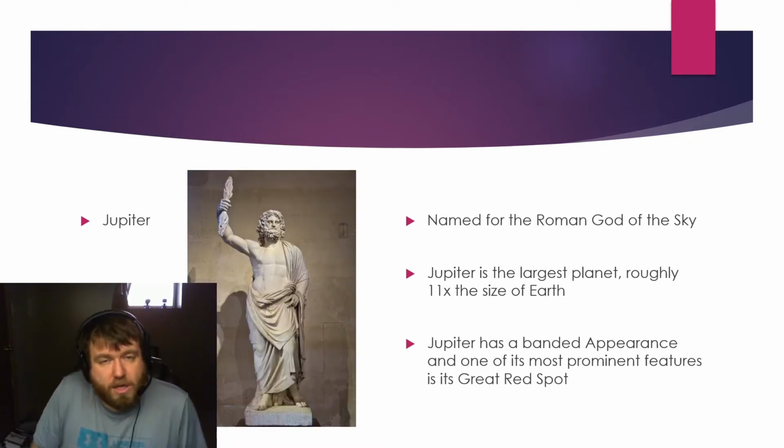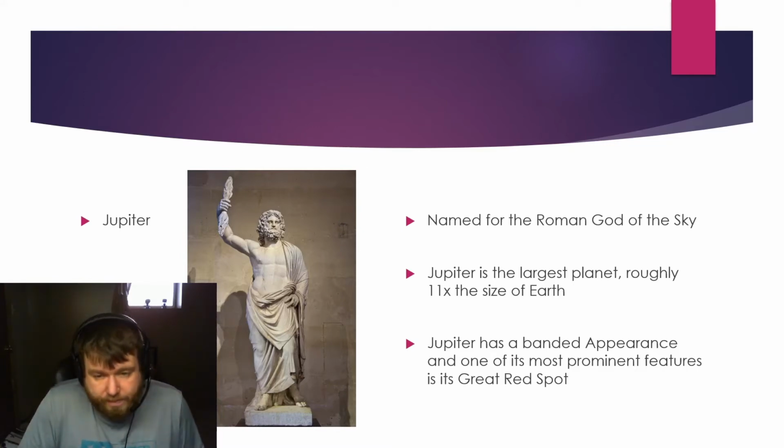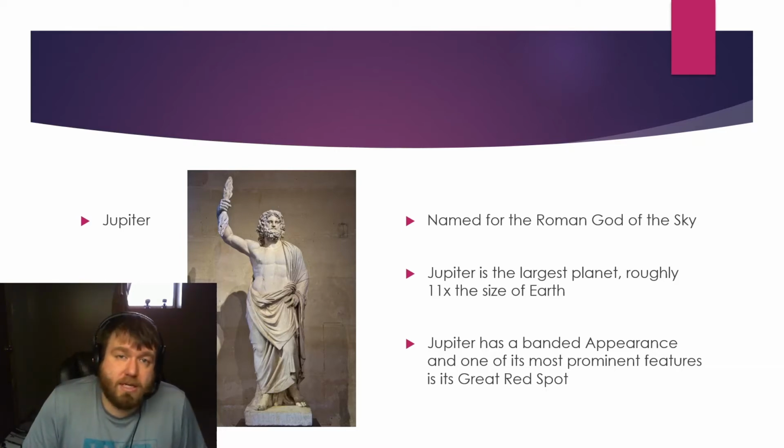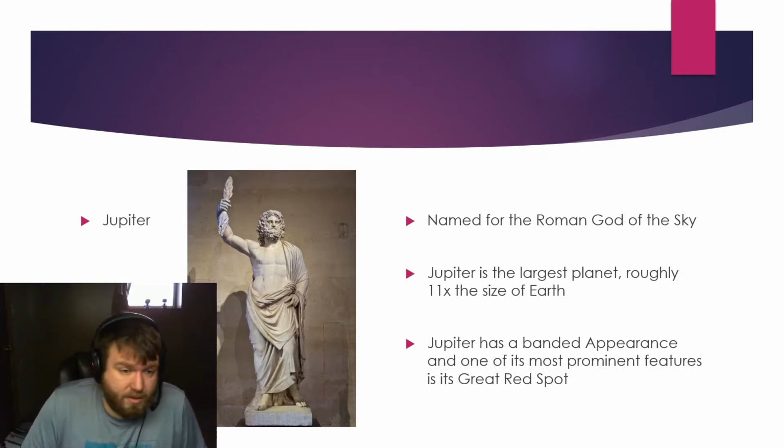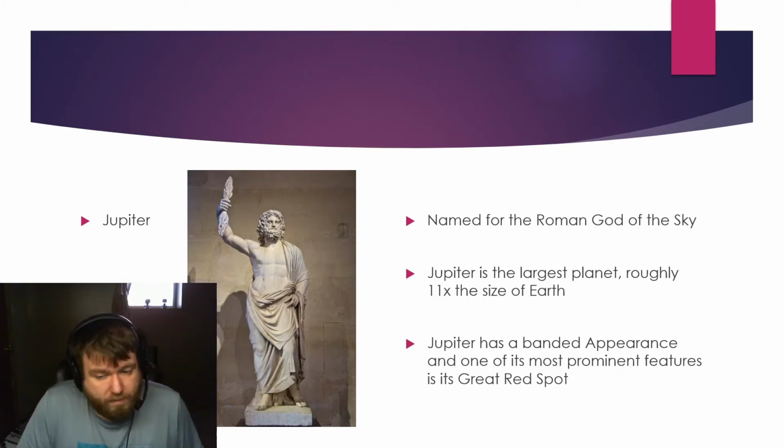Alright, first one we're going to talk about is Jupiter, and it is named for the Roman god of the sky. Jupiter is the largest planet, roughly 11 times the size of Earth. So we tend to think of Earth as this massive thing, whenever Jupiter, a planet that's not very far away compared to other planets and celestial bodies, is 11 times the size of Earth.